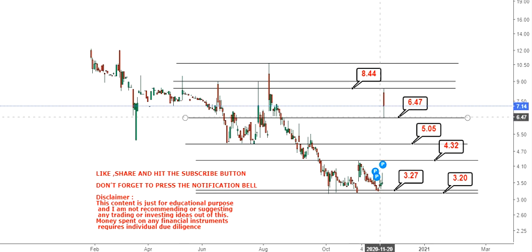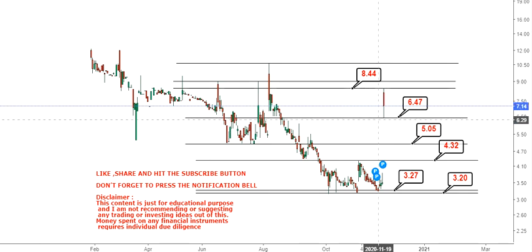So make sure that you place your stop loss at 6.47, because if the stock falls below 6.47, you will have a sharp fallback, which leads the stock towards $5 on the downside.